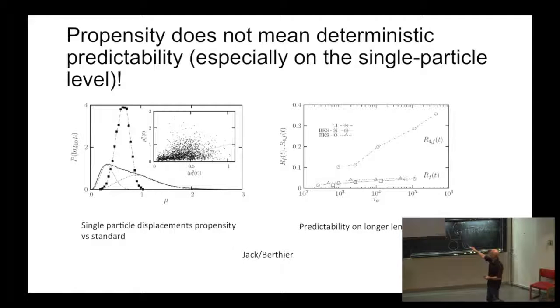So if I just average over 2 particle diameters and I calculate, and I'm not going to write down the formulas, but I calculate the right way to average over the isoconfigurational ensemble, I see that there's a higher and higher predictability, something like 40%, let's say, at the longest time scales in the system when I average over a ball. But if I just look at the single particle level, that's always something that stays very small on the alpha relaxation time.